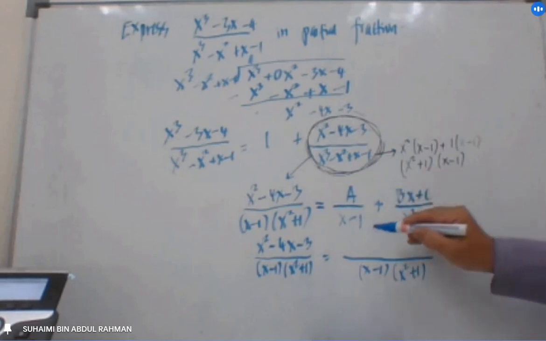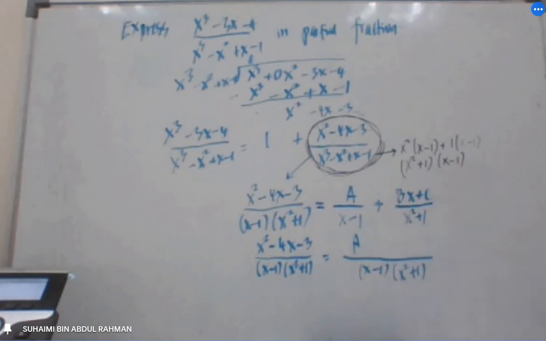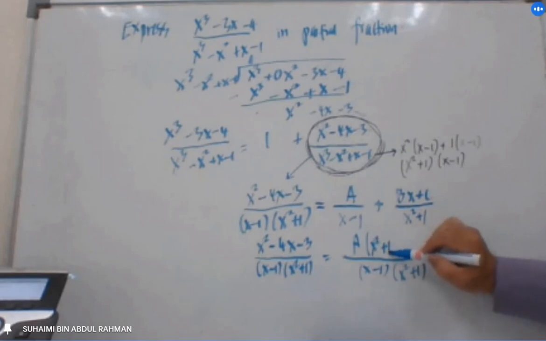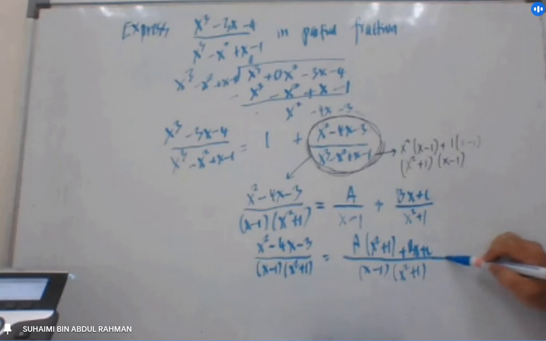What do we have to do for A? Times by x squared plus 1. For Bx plus C, what do we have to do? Times by x minus 1.